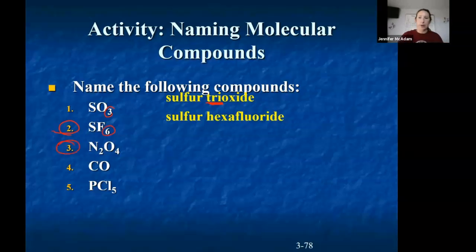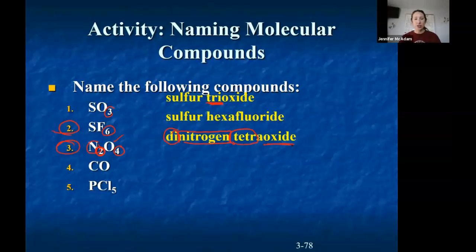Okay, how about number 3? Yeah, this one's a little trickier. So you have to say the number of nitrogens. So there's 2 nitrogens. So it's di, and you just write the word nitrogen. So 2 nitrogens, and then 4 oxygens, right? Dinitrogen tetraoxide.